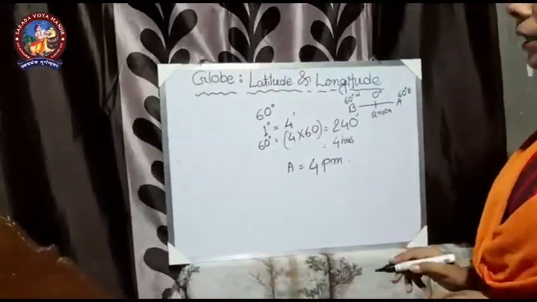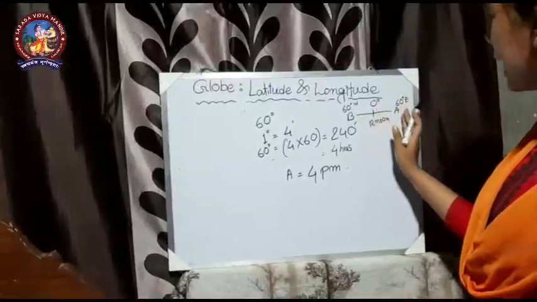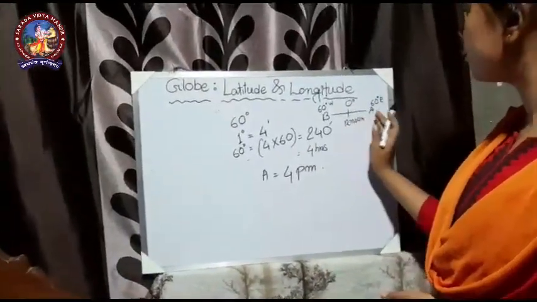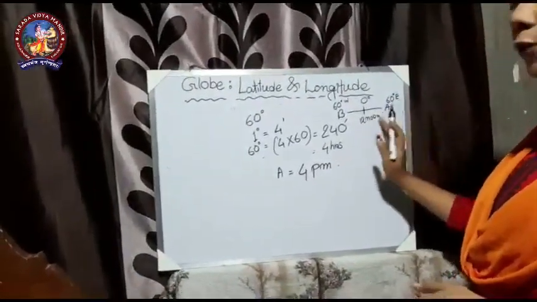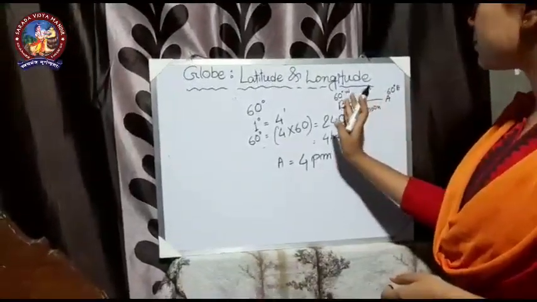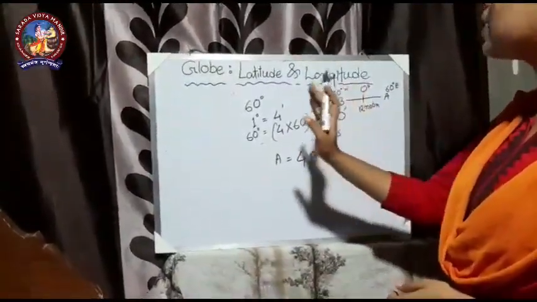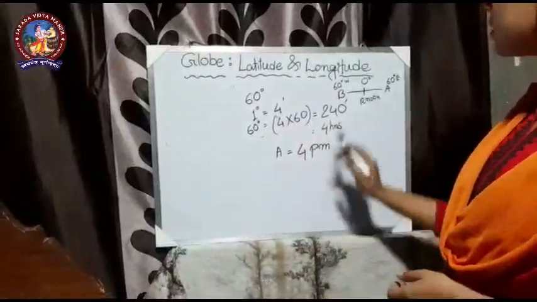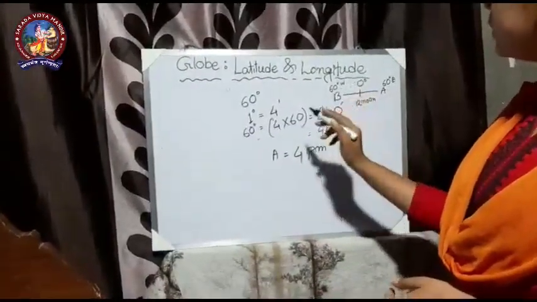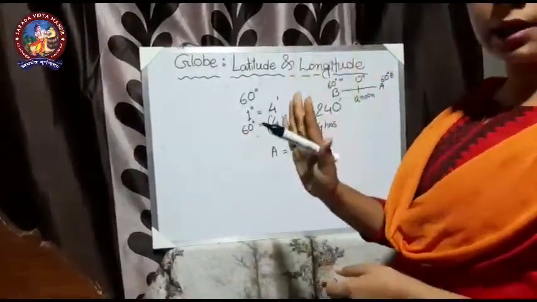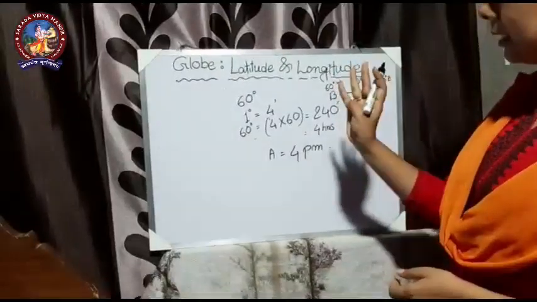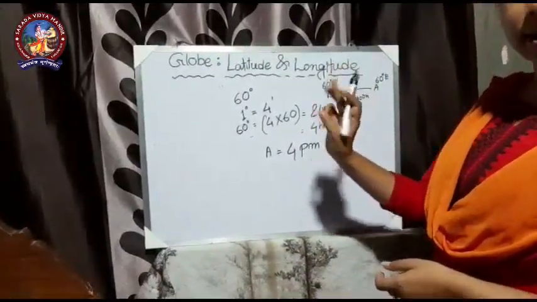Now B, definitely if we are adding to the time of Greenwich for the east or for the ahead, we'll have to subtract for place B as it is behind or in the west. So for 12 noon we will subtract 4 hours, 11, 10, 9, 8.